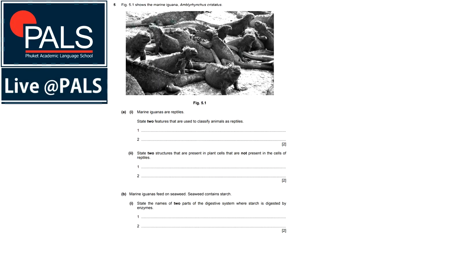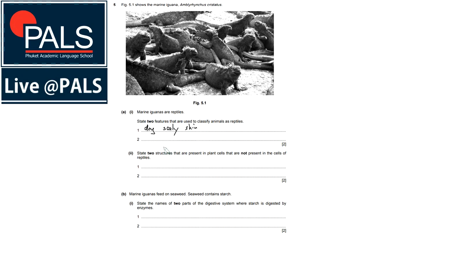Figure 5.1 shows the marine iguana, Amblyrhynchus cristatus. Marine iguanas are reptiles. State two features that are used to classify animals as reptiles. Reptiles, different from other organisms, have a dry, scaly skin.